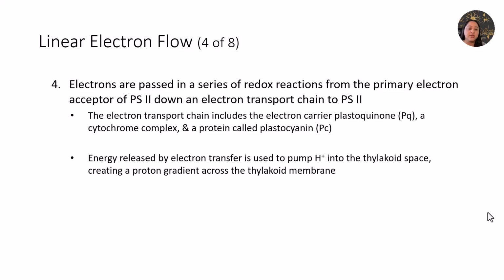Step 4, those electrons that came from water are passed in a series of redox reactions from the primary electron acceptor of PS2 down an electron transport chain to, I think this is a typo again, PS1.